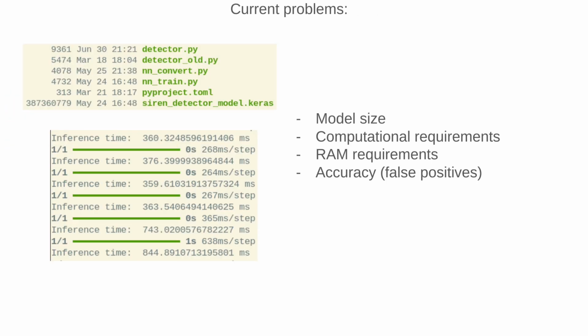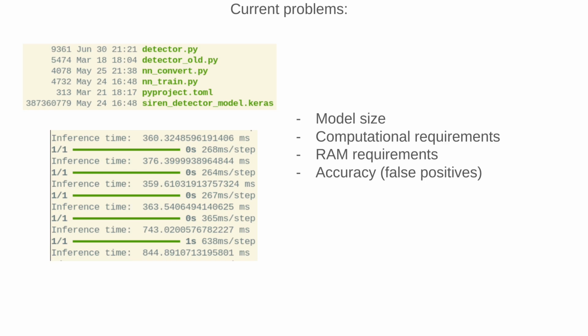So, why am I doing this and what are the problems right now? First of all, as you can see, the model size. It's almost 400 megabytes, and this is actually quite crazy for such tasks. And inference time. This means how long this detector runs for one part of the data.